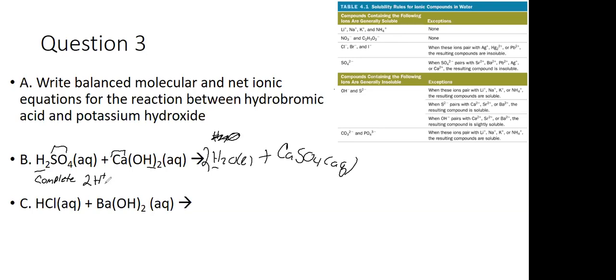It's always H. You might want to make a note of that because I see that all the time. If you are tempted to do H2, that's not correct for this. H2 does exist, and we'll talk about that later. But right now, it's just H plus SO4 minus 2.